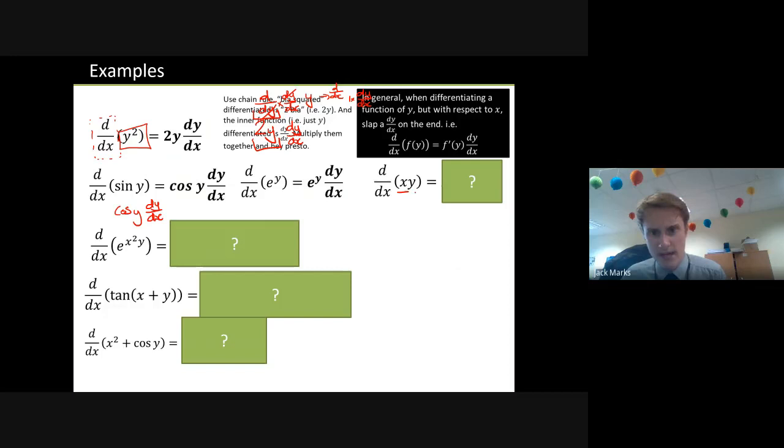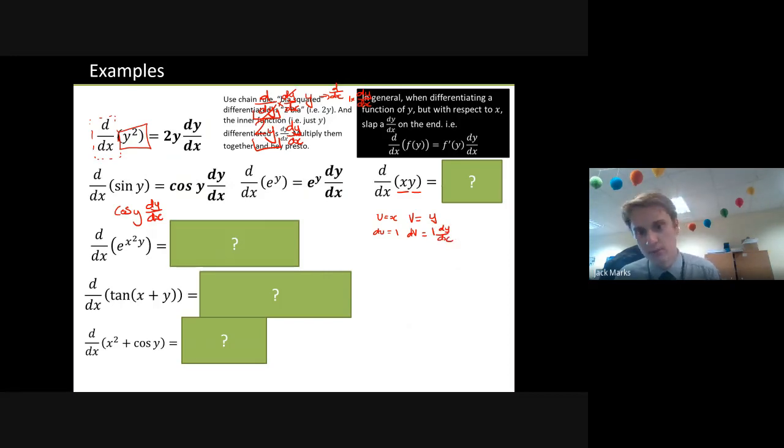What about this one here? Well, that is a product, isn't it? That's a product. So you use the product rule. Okay, so you would write u equals x, du equals 1. Why have I done that? Well, just as normally, x differentiates to 1. v, the other part, is y. Well, how do you differentiate that? 1 dy dx is the answer, okay?